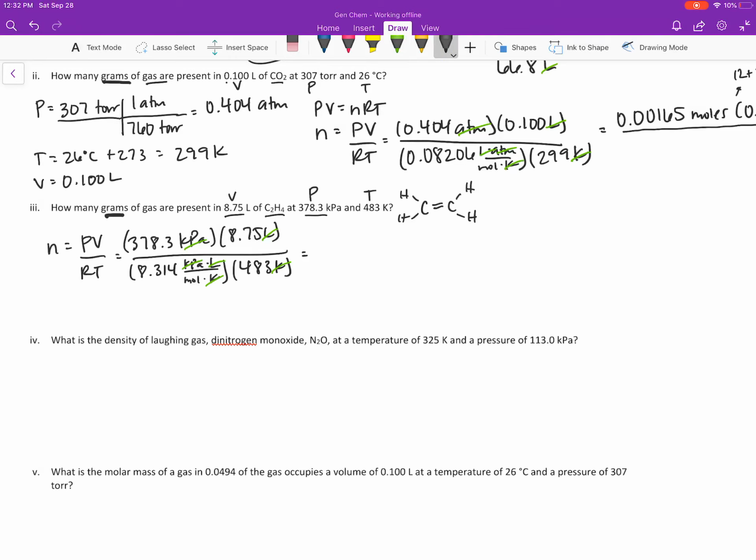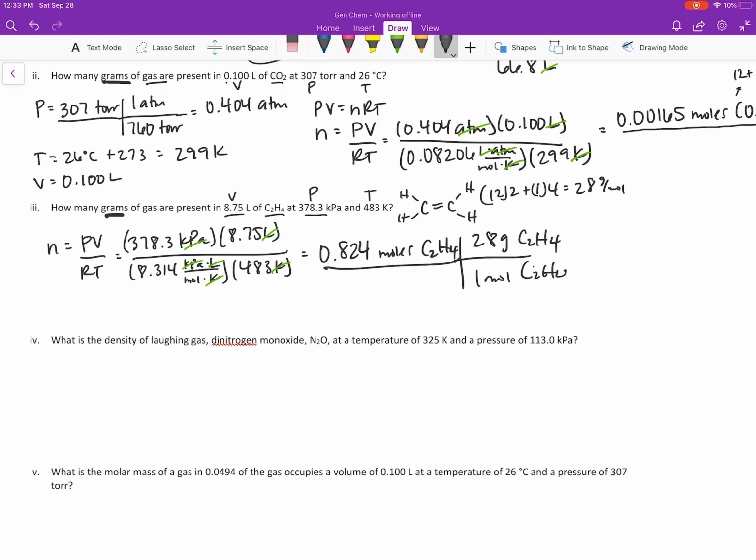So when I solve for that, it's going to give me 0.824 moles of C2H4. Molar mass of that is 12 times 2 for the carbon, plus 1 times 4 for the hydrogens, which gives me 28 grams per mole. When I solve for this, it's going to give me 23.1 grams of ethylene.